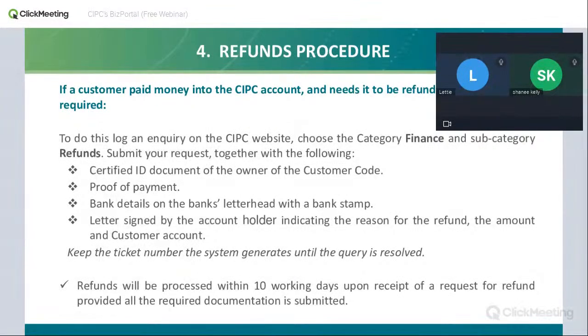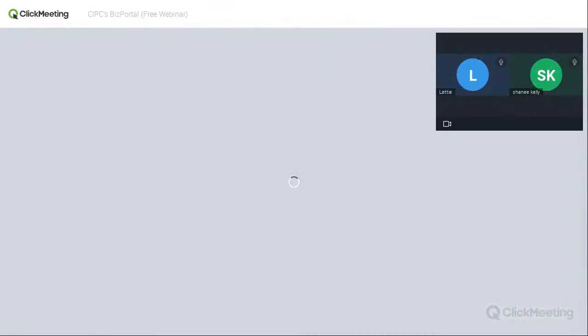Keep the ticket number the system generates until your inquiry has been resolved. Refunds will be processed within 10 working days upon receipt of a request for refund, provided all your documentation has been submitted.